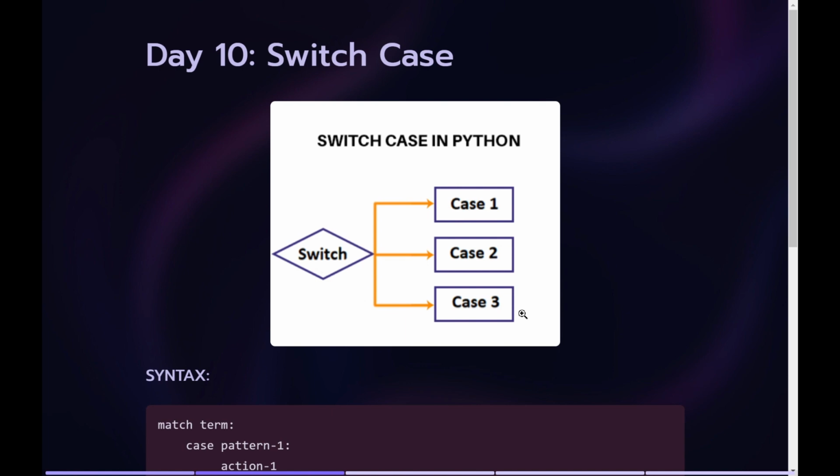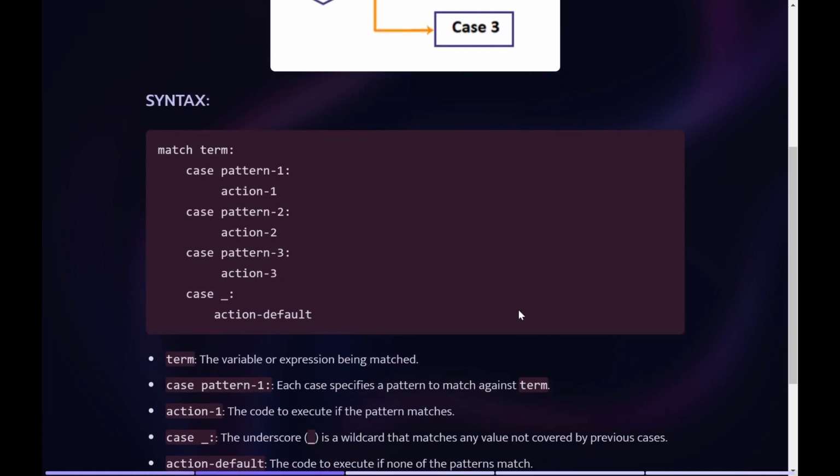So moving on to the syntax, the first syntax that we are going to look at for switch cases is using the match and case keywords. The match keyword is going to evaluate our value, and the case is what it is going to compare it with.